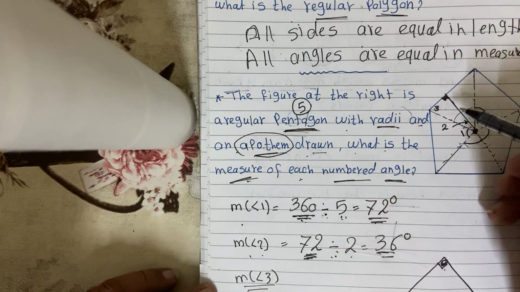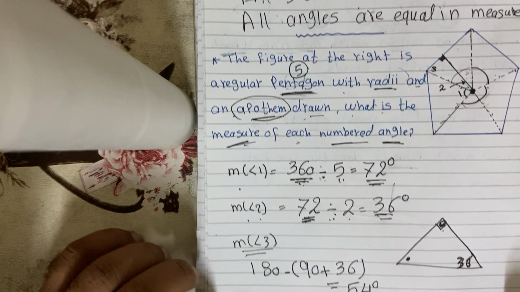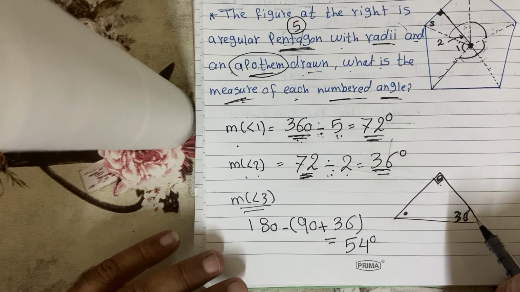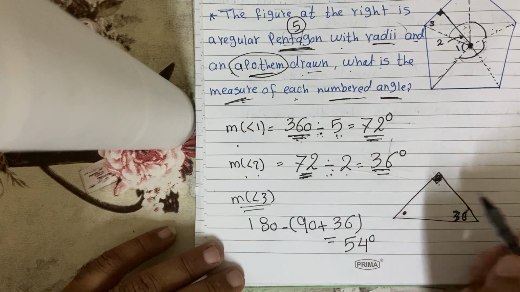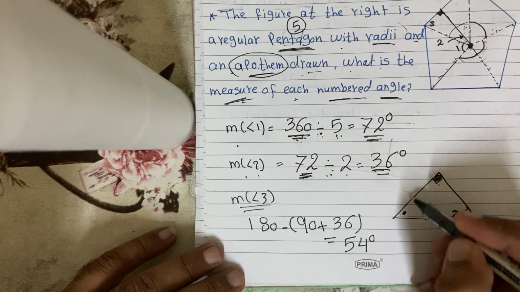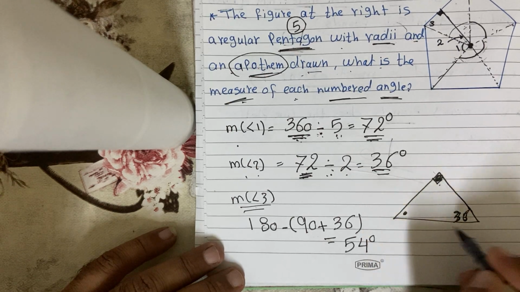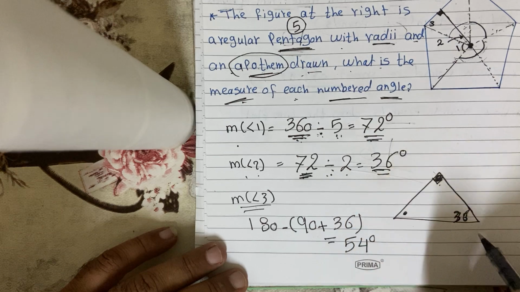Measure of angle 3 is inside this triangle. Let's draw the triangle outside like that. This is a right angle, this is the apothem, this is the side, and this is the radius of the polygon. This angle is 36, I already found it.